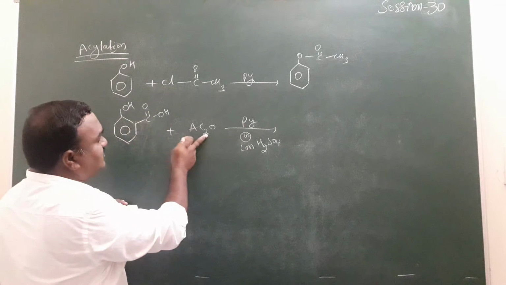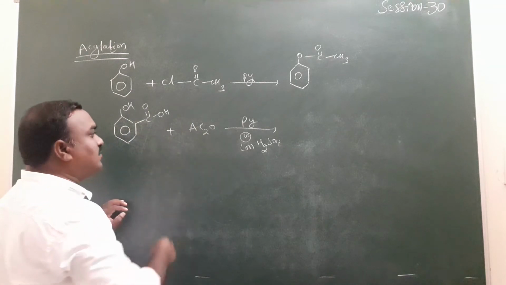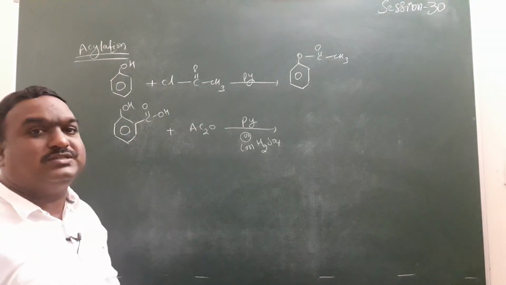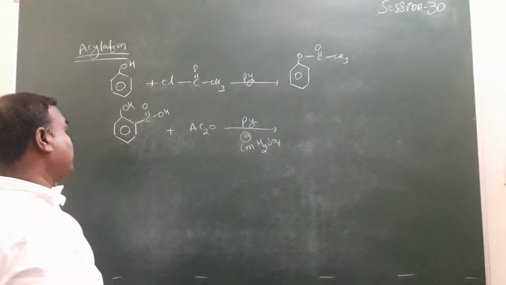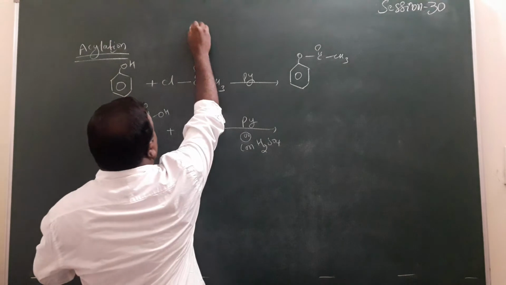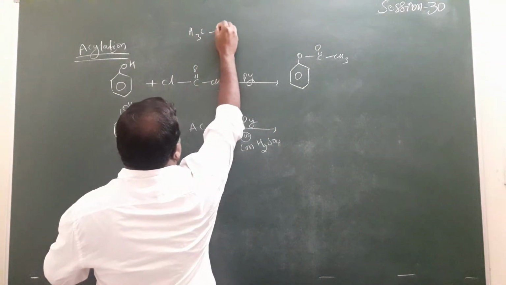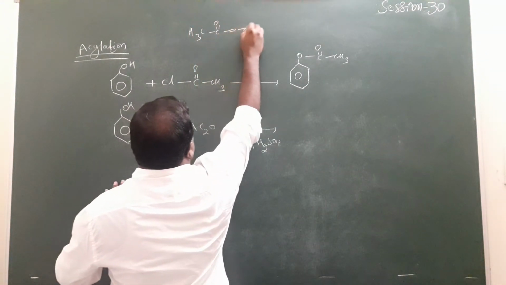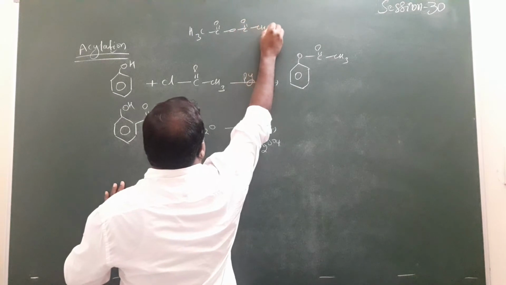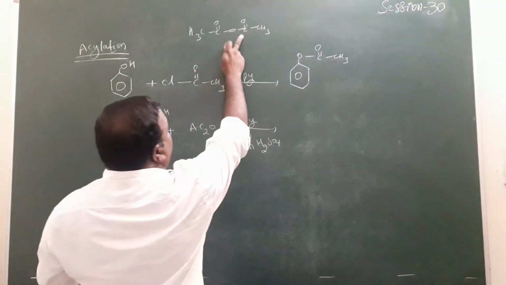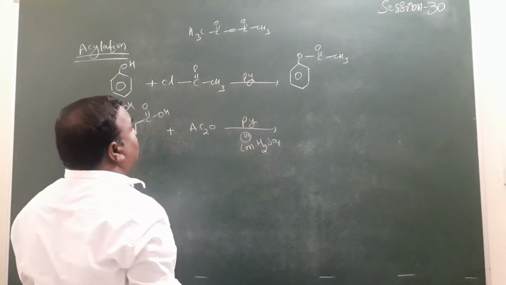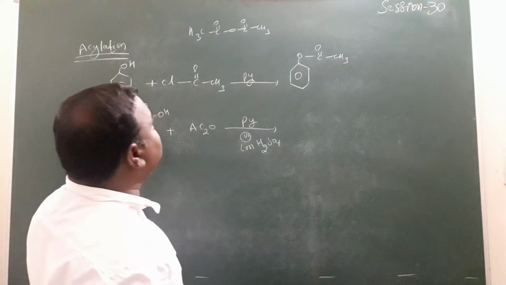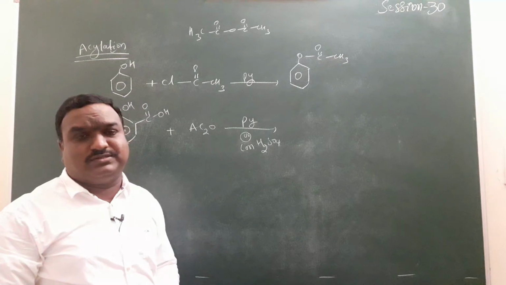The H is replaced by the incoming acyl group. Which is the acyl group? CH3 C double bond O plus. Acetic anhydride has CH3, C double bond O, O, C double bond O, CH3. Both ends are the same, so right side or left side migration forms the same type of ions.